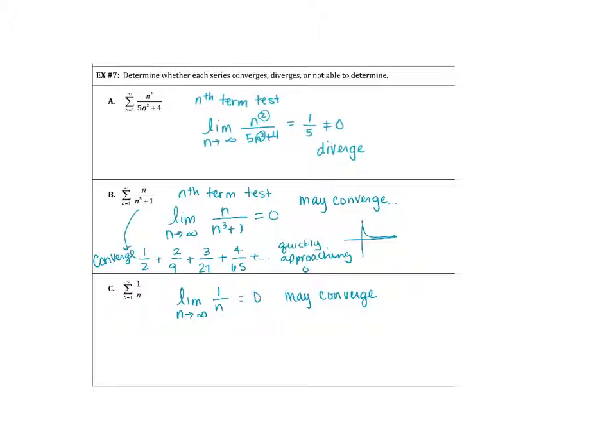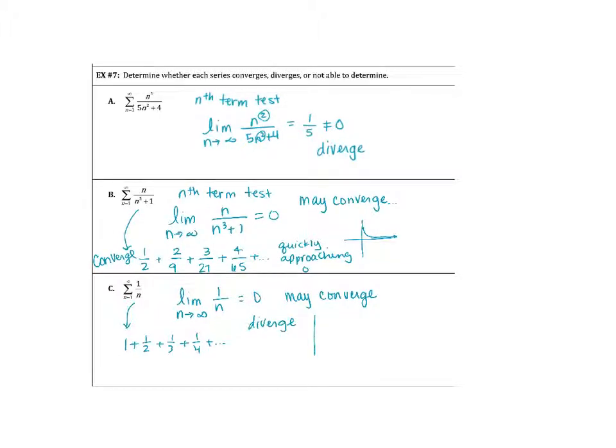But let's look at the terms of this one. That's going to be 1 plus a half plus 1/3 plus 1/4 and so on. So notice this one may be approaching 0, but it's not approaching it very quickly. And so this one is actually going to be divergent. This is going to diverge.